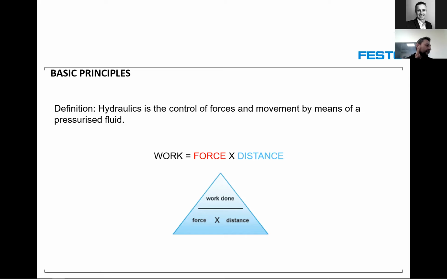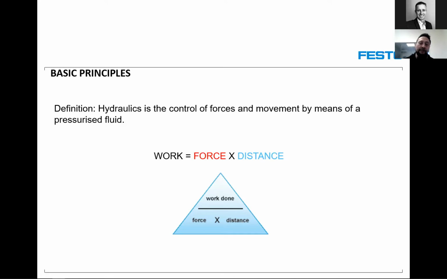So in other words, if we look at this triangle that we have here, work equals force times distance. So it means that my load should move across a distance, and that means I need a force to be able to do that. So if I have a force that can move my load across a distance, that means I'm actually working.